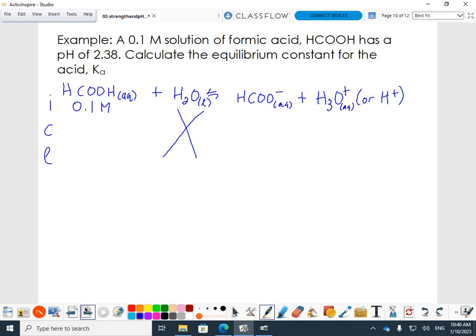We don't have any ions to start with. And then just like the last unit, you can't go down from 0. So the product side has to increase, or be positive X, meaning the reactant side goes down.